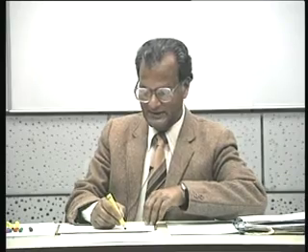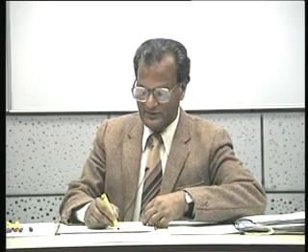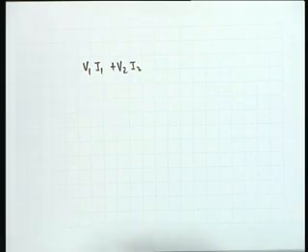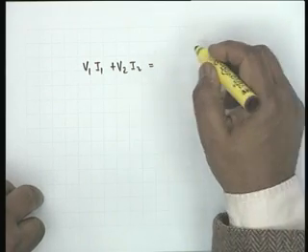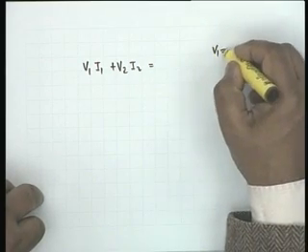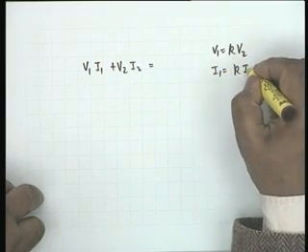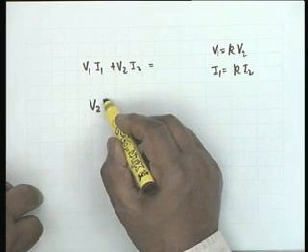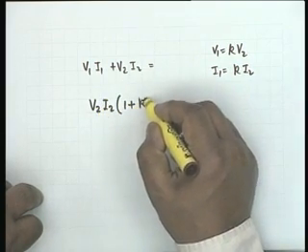Is it passive? Well, for that you see V1 I1 plus V2 I2, this is the total power that goes into the network, and this is equal to, you see, V1 equal to K V2 and I1 equal to K I2, and therefore I can write this as V2 I2 (1 plus K squared).